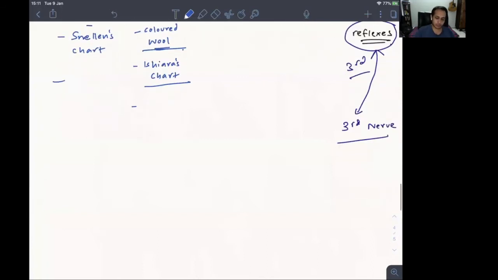There is also something known as color desaturation. This is one of the earliest signs of optic neuritis.